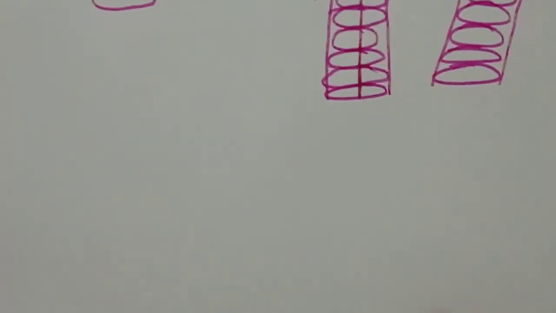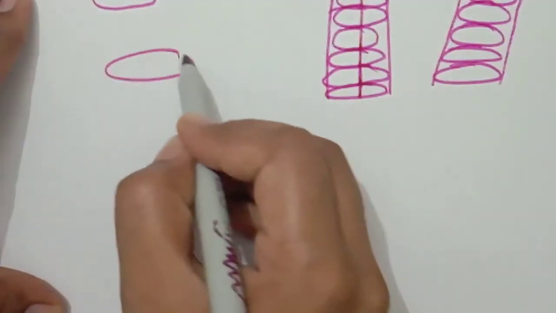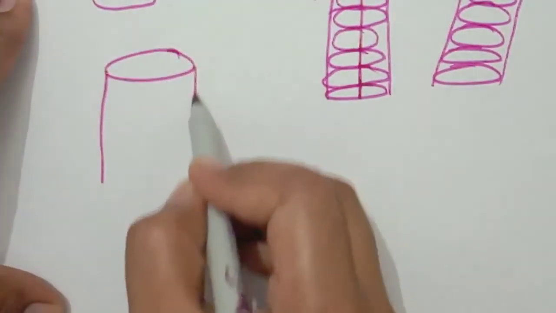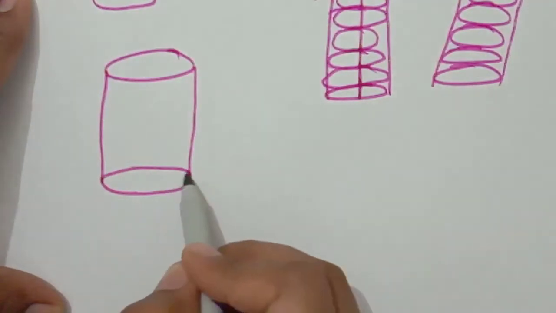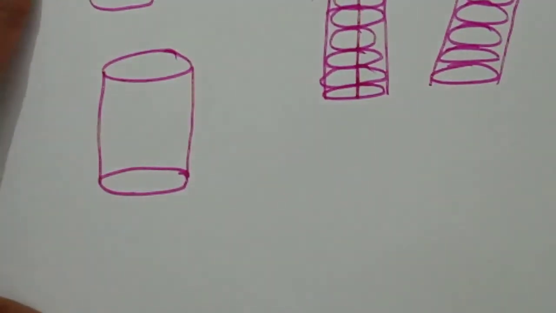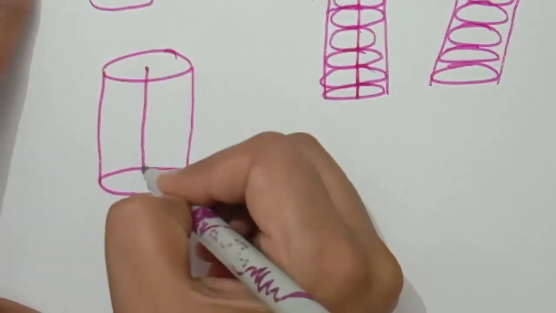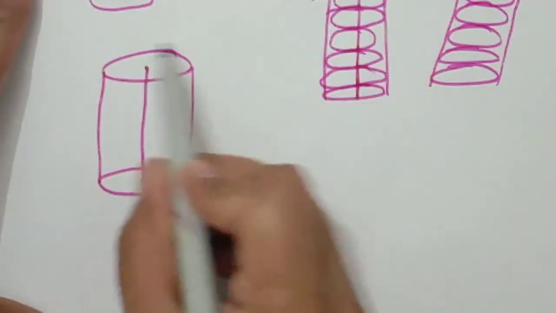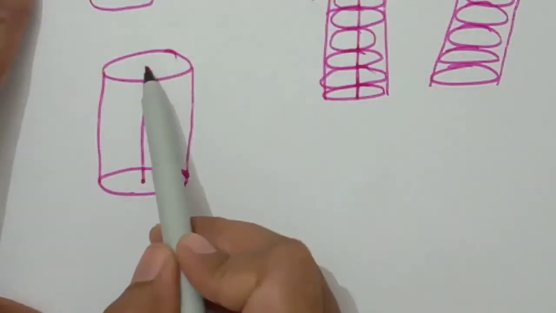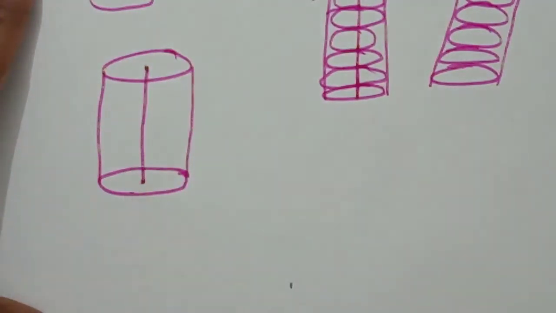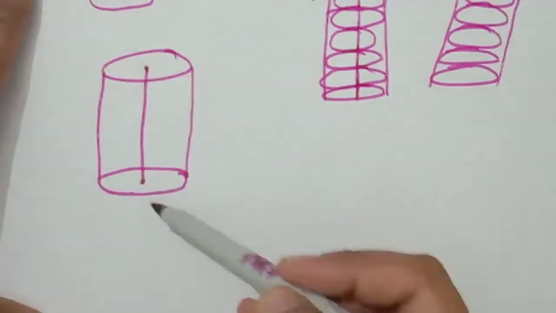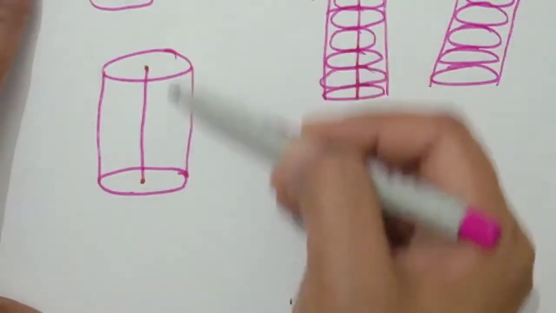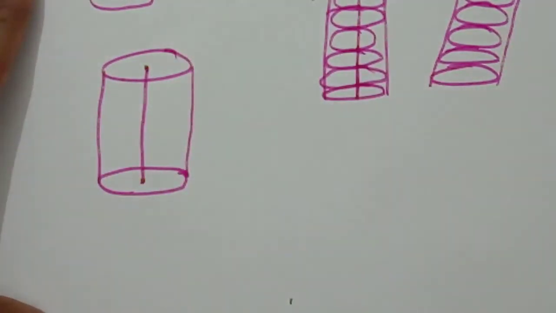So students, if we take a proper cylinder, then it is a right circular cylinder, and its axis joins the two centers of the bases. This is the upper part, it is circular, this is the center, and this is also circular, this is the center. We call it the axis. The line segment joining the centers of the two bases is called the axis of the cylinder.